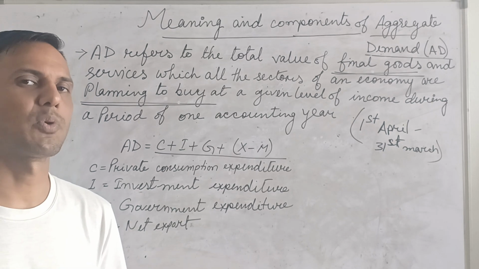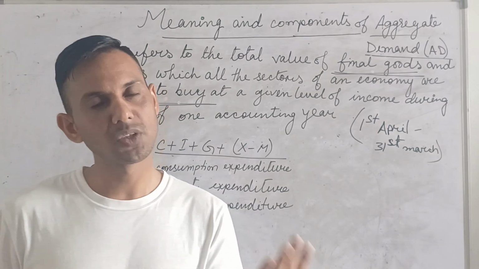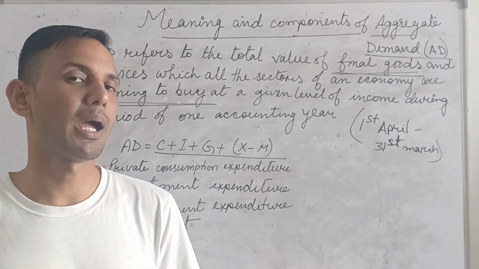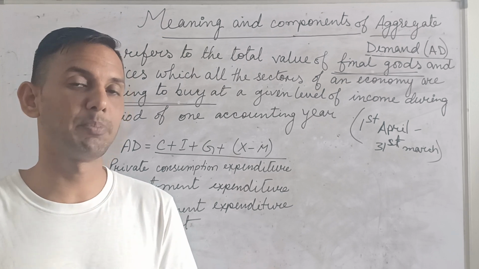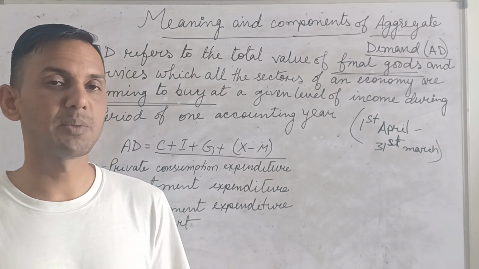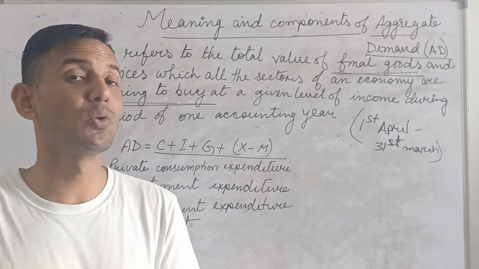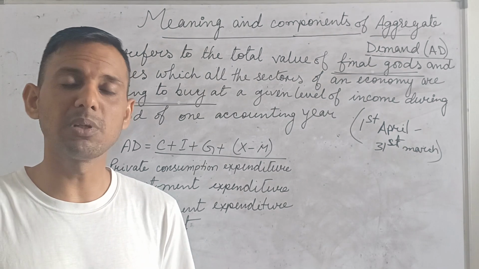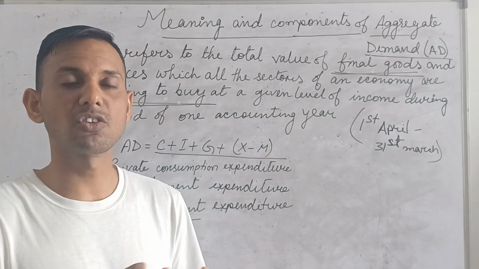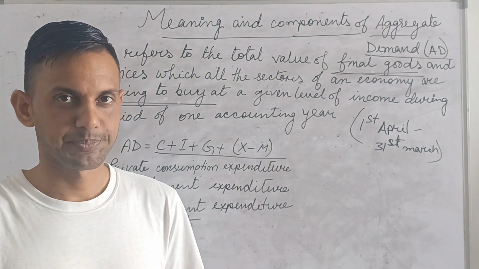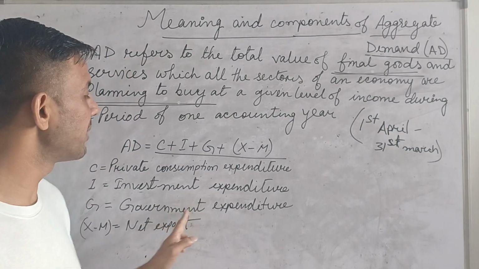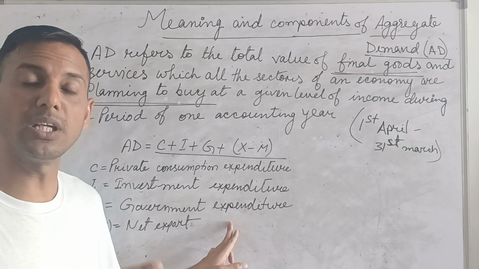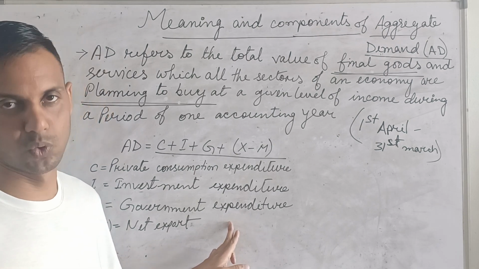For example, suppose you have money, so you are coming to this school and you are able to buy a laptop, you are able to buy a mobile phone. But those who are below the poverty line, what will they do? It doesn't mean that they will not study or they will not use the internet. So that's why it is the responsibility of the government to provide education and other things to them. So this is part of government expenditure. Not only capital goods, the government has to spend on consumer goods also.